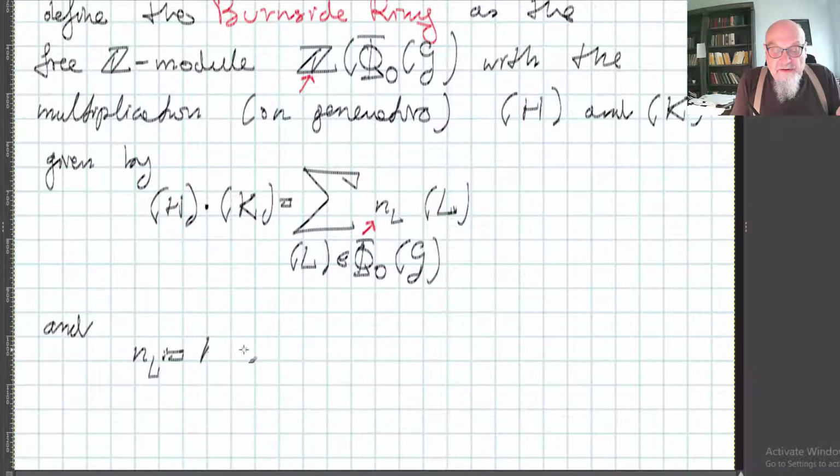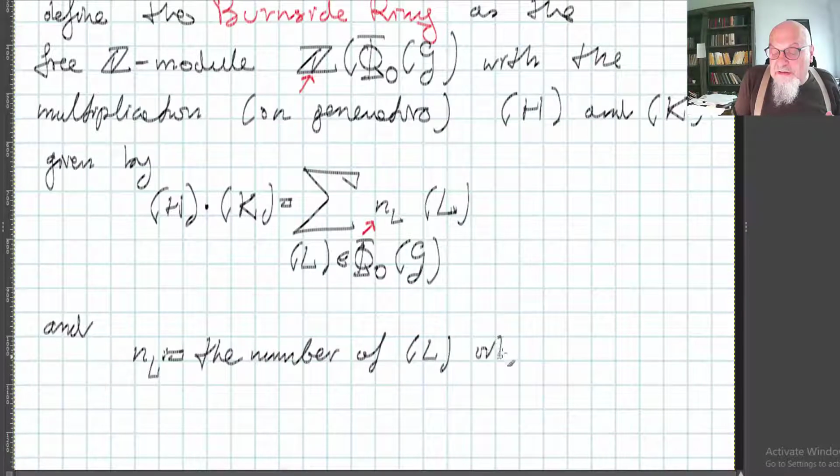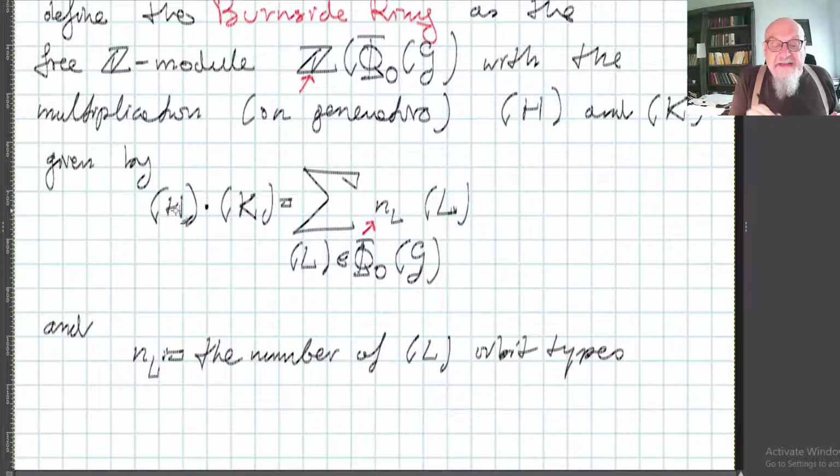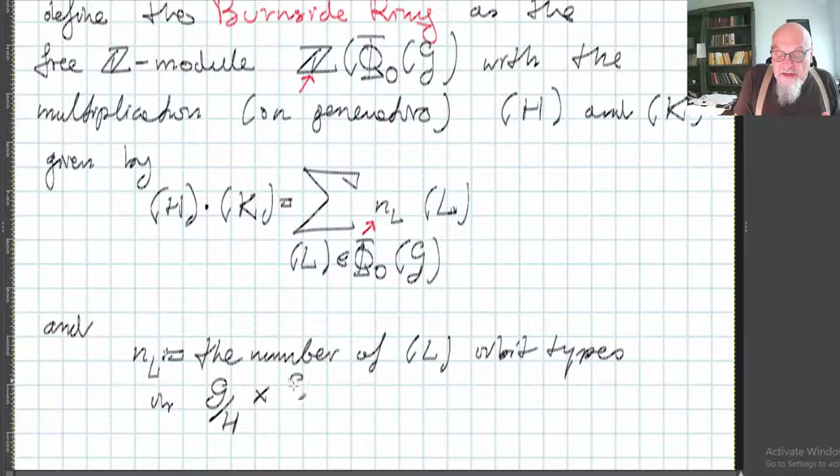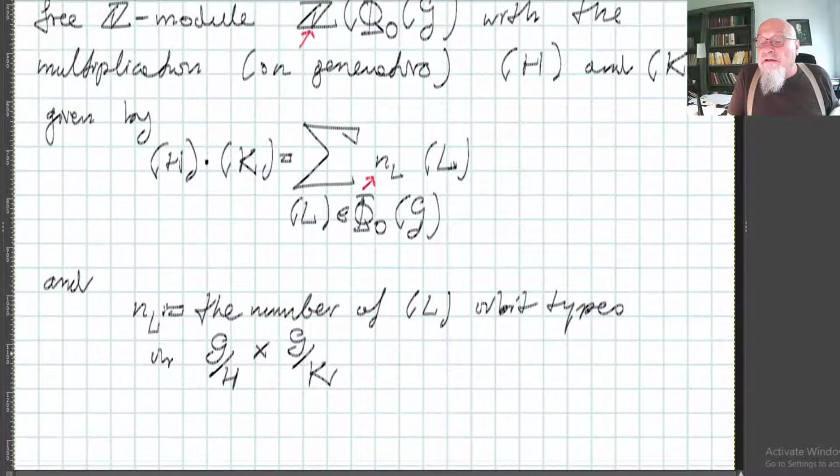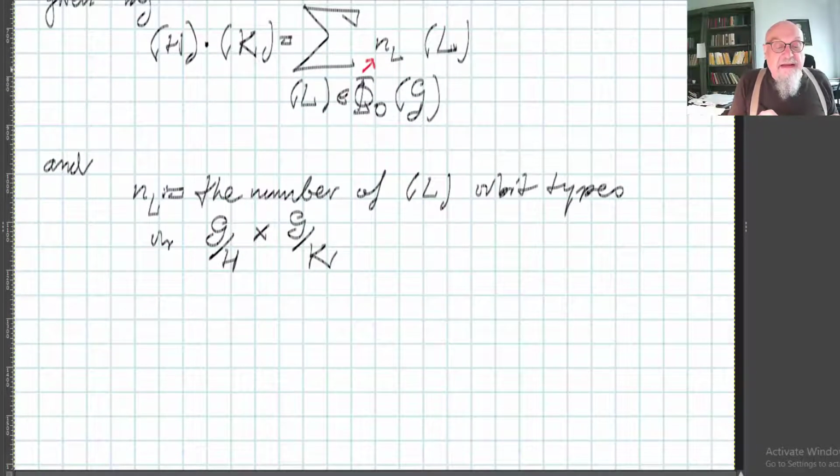Maybe write it down, equals the number of L orbit types in the product of two orbits of the type H and K in, so what is the orbit? G divided by H times G divided by K. And we indicated that these numbers NL can be computed more effectively.